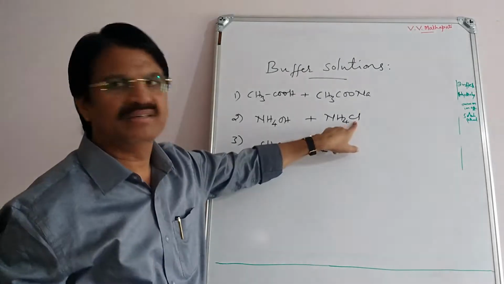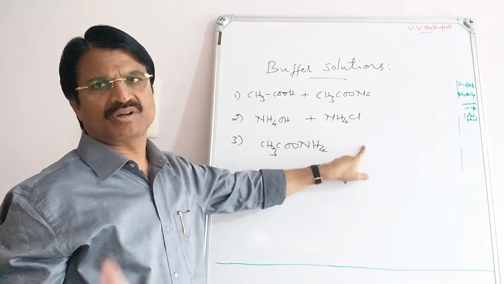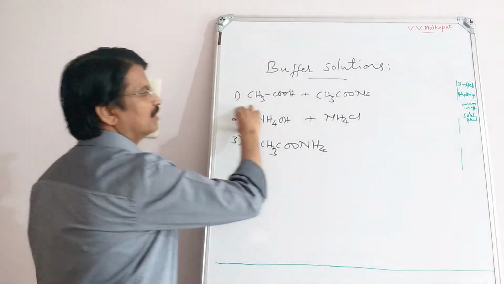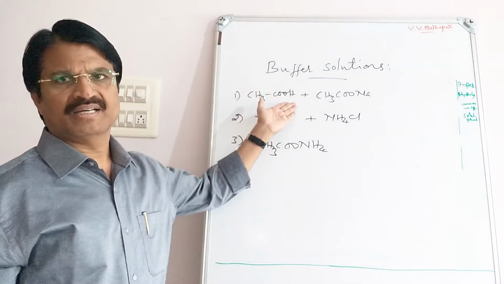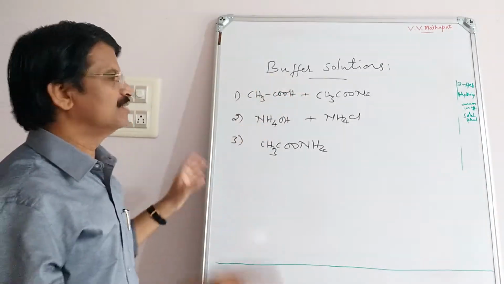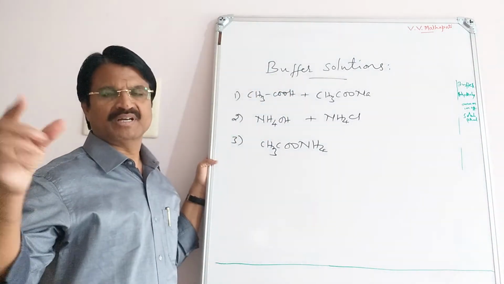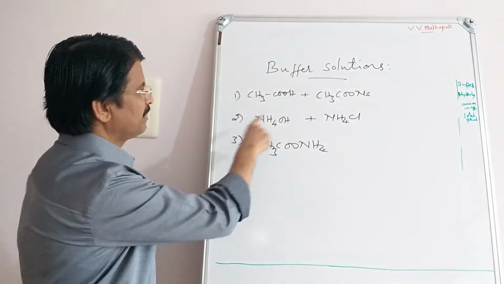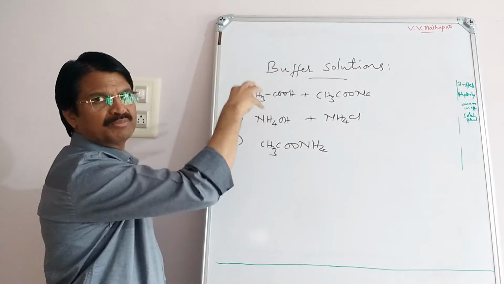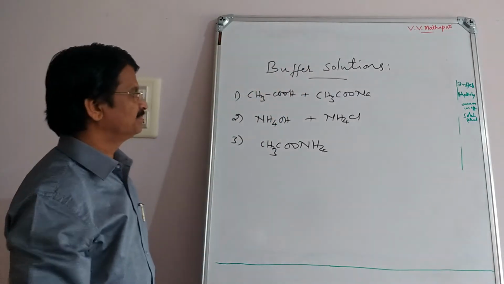Here I can write NO3, Cl or SO4. This is called a basic buffer. In CET or NEET there are questions like which of the following is an acidic buffer and which is a basic buffer, and you have to identify it like this. By this method we can identify.